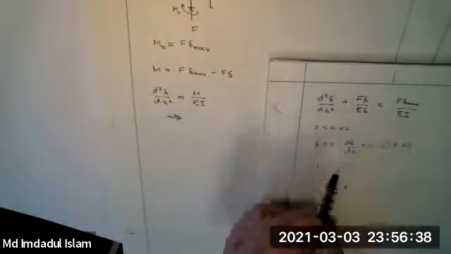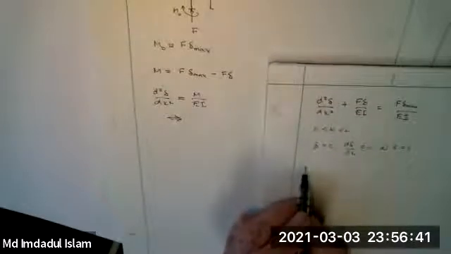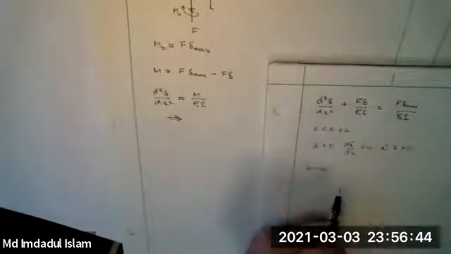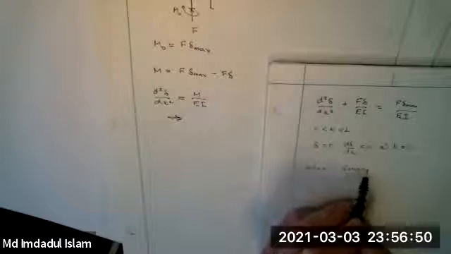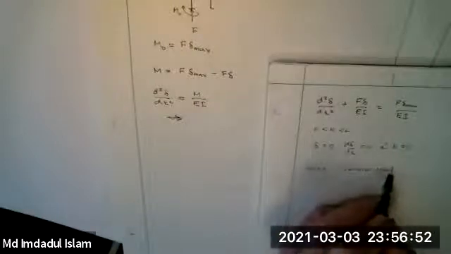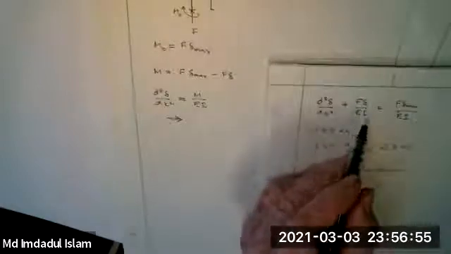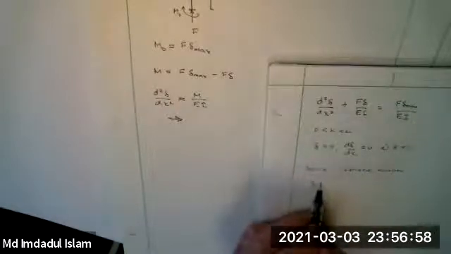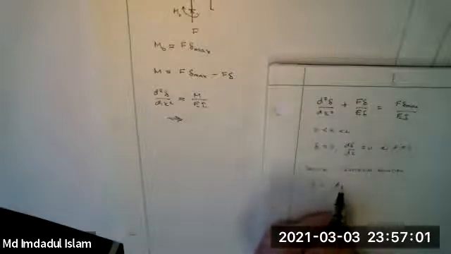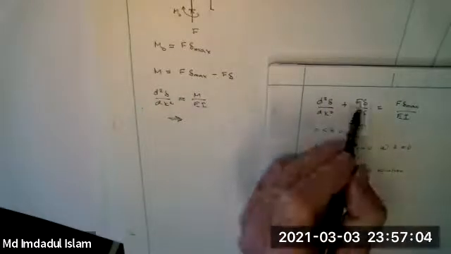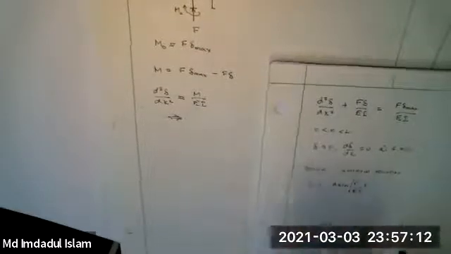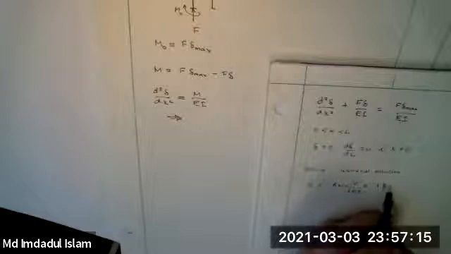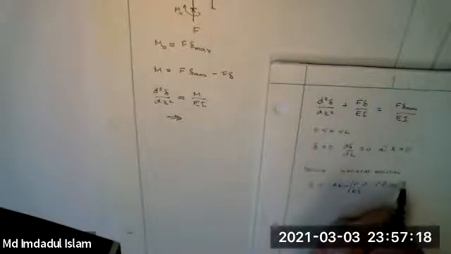Well, I can solve this. It's like this differential equation. General solution. This is just what I had before. I had 0 before. So delta, this is like omega squared. So I take the square root. Plus b cos root of F upon EI x.